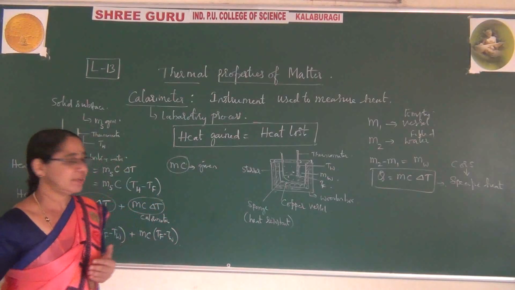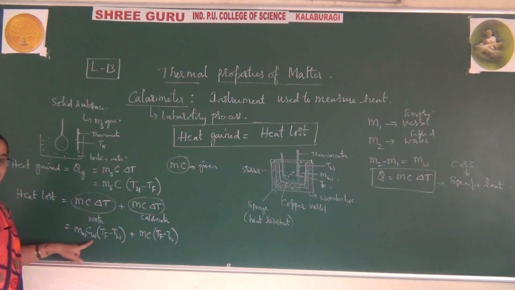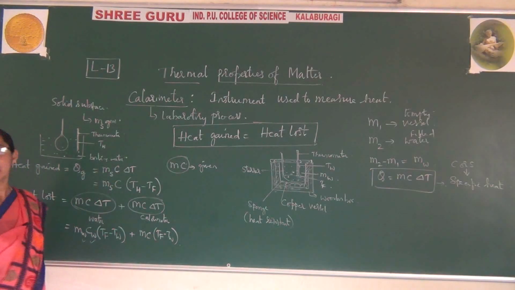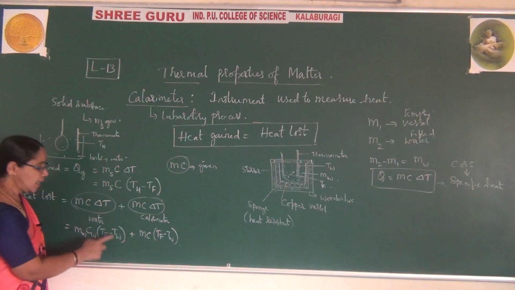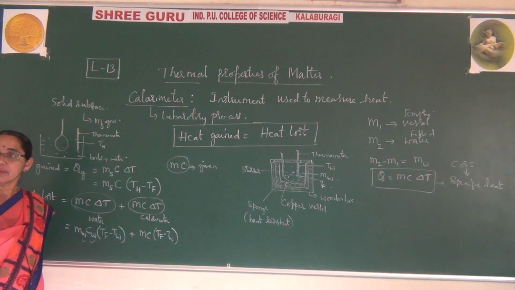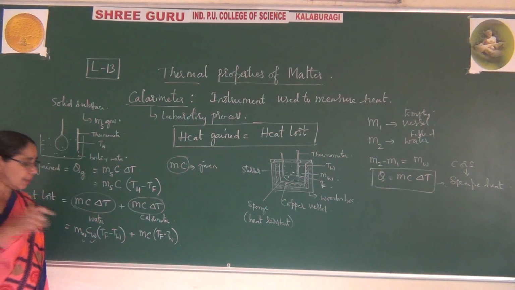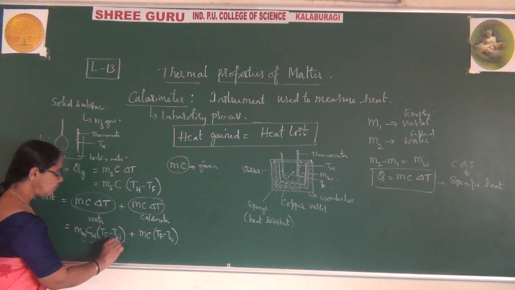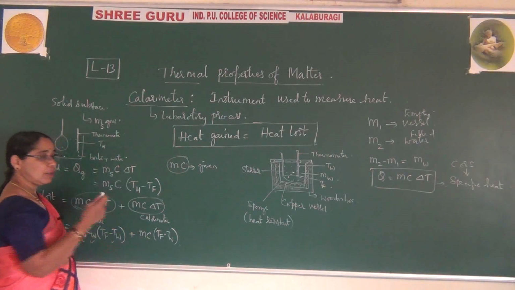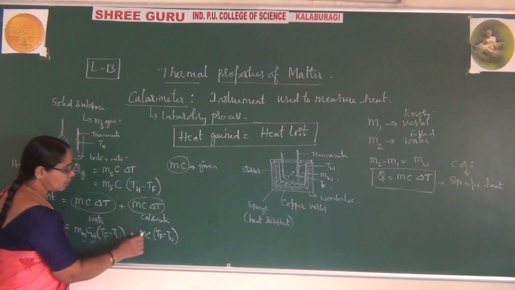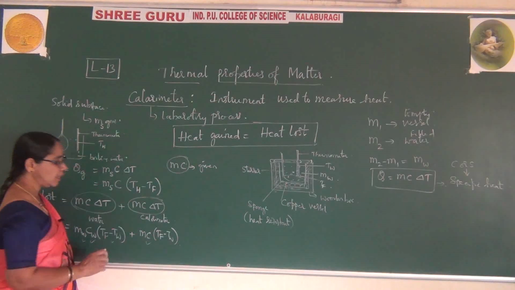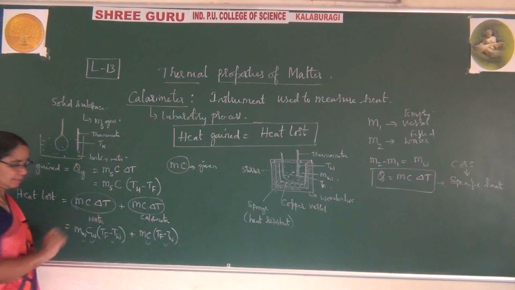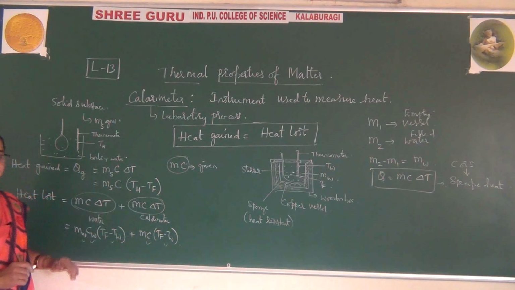And T_F, the final temperature attained, is known. Before the water was inserted we noted down T_W. So these two temperatures are known, and the mass of the calorimeter and its specific heat are both given. So all these values are known here.